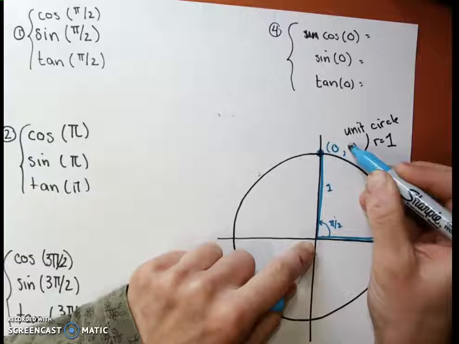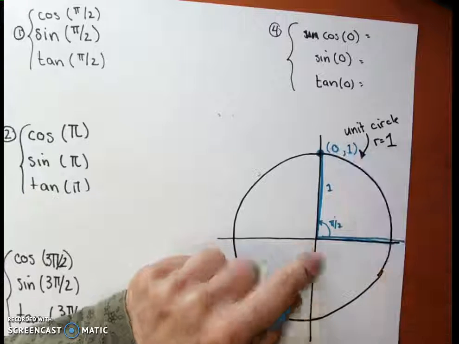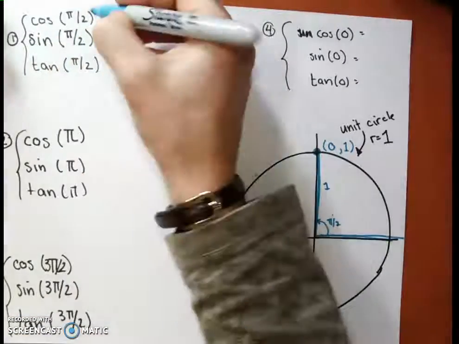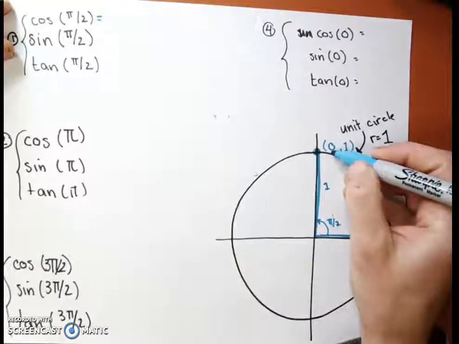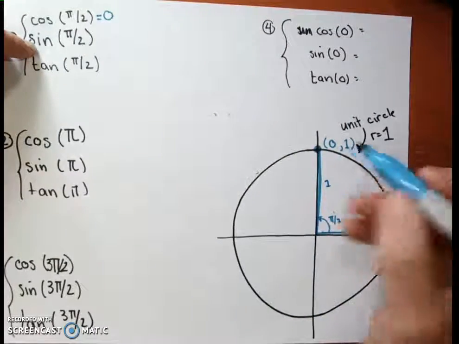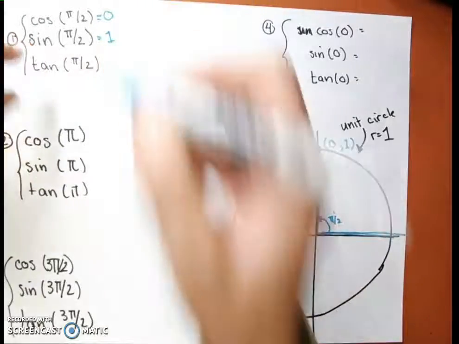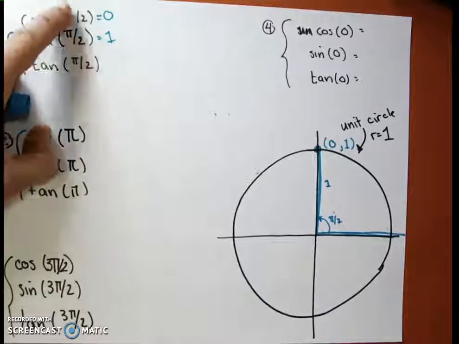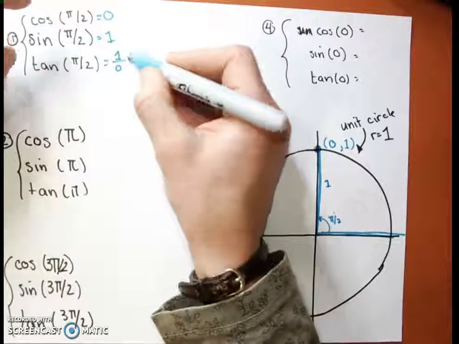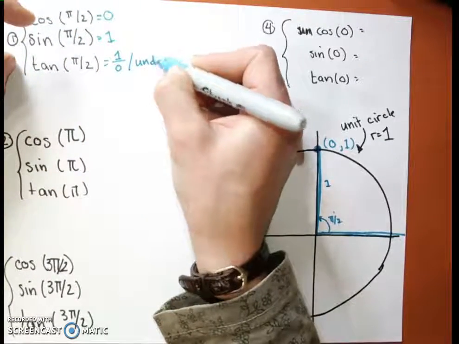My y-coordinate is 1 because I've gone 1 up to get there. So what that tells me is that cosine of pi over 2, the x-coordinate, is 0. Sine of pi over 2 is the y-coordinate, it's 1. And tangent is sine over cosine, or y over x, so that would give me 1 over 0, which is undefined.